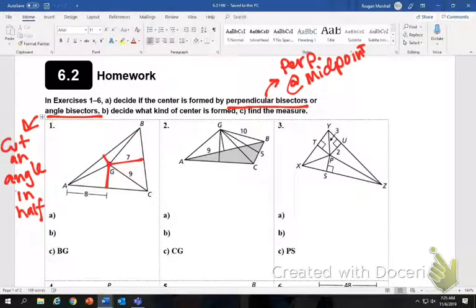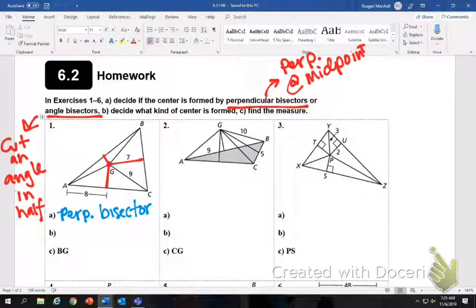It means these lines would have to touch at the midpoint, which it appears to be, and it also needs to form 90 degrees with the side. You can always check that with a piece of paper, because a corner of a piece of paper is 90 degrees. So letter A, this is a perpendicular bisector.